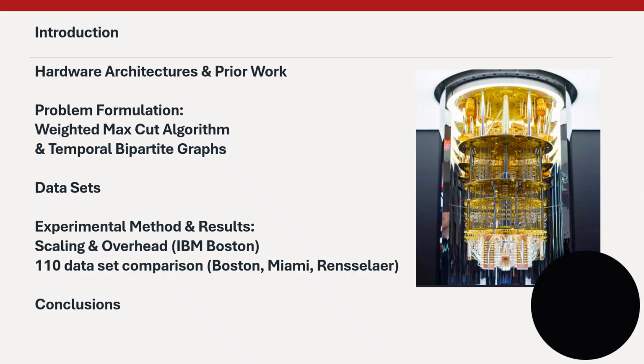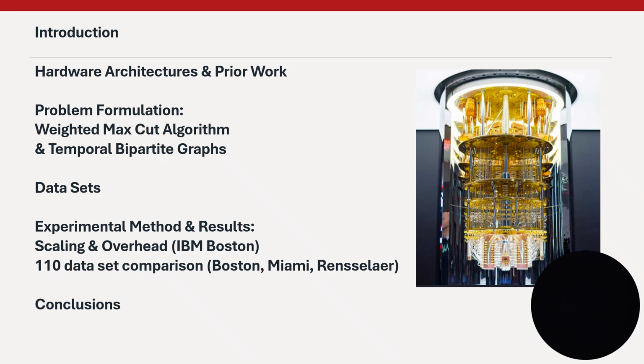To begin with, after a short introduction, I'd like to talk about the current hardware architectures that we'll be looking at in this presentation and review some of our prior work on QAOA optimization algorithms. We'll formulate the problem in terms of a weighted max cut algorithm, working with some temporal bipartite graphs of denial of service attacks against a series of honeypots that we've developed.